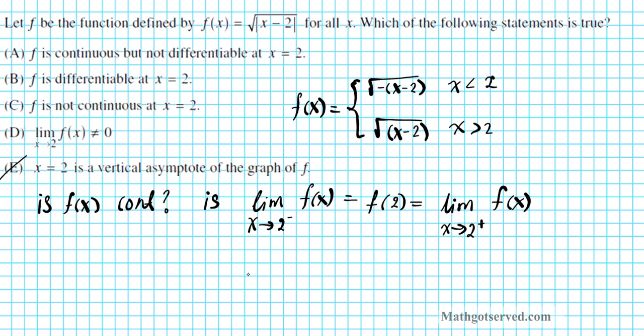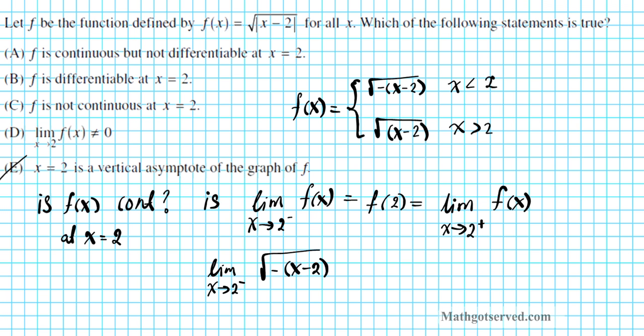All right? So we are looking for continuity at 2. Is f of x continuous at x equals 2? Let's be more specific. So that's what this expression is saying. Okay, so for the left-hand limit, this is simply going to be the limit as x approaches 2 from the left of the square root of negative x minus 2.